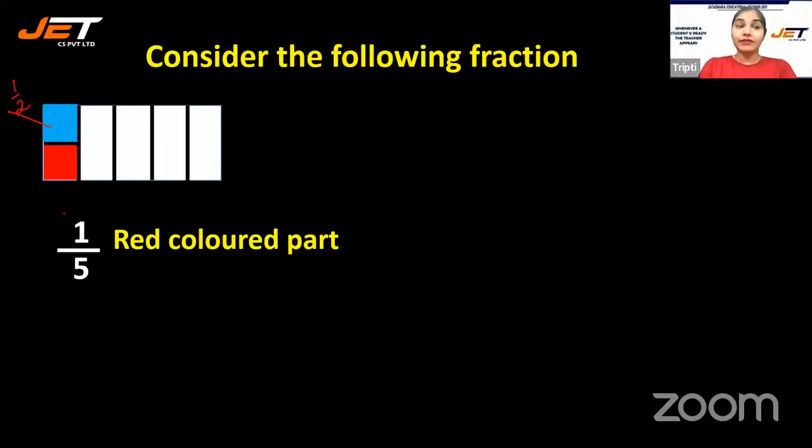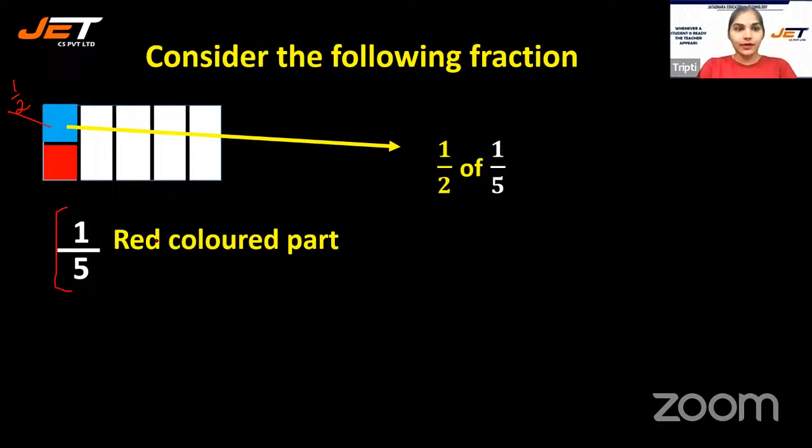This is half of the red part, na? Earlier it was entirely red, but this is half of the red color part. And the red color part is 1/5. So this is 1 by 2 of 1/5. So half of means times, and 1 by 5. 1 by 10.